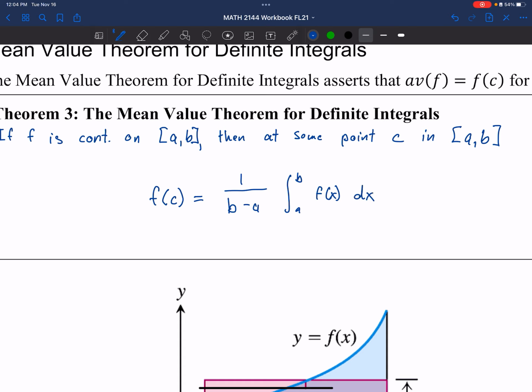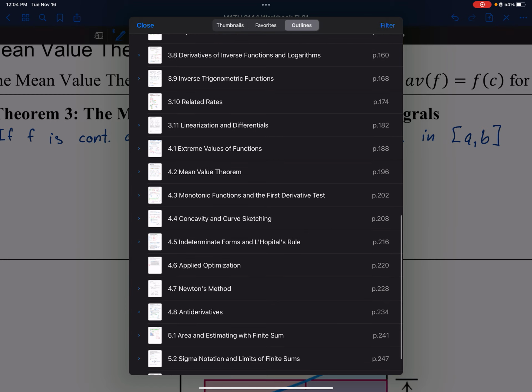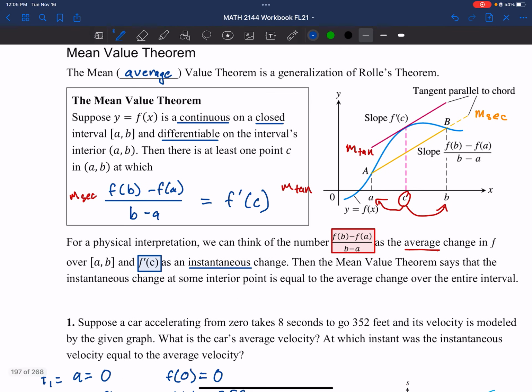This probably looks very similar to the mean value theorem for derivatives, which said that you had some point c in the middle. Let me just pull it up here for reference, so you can relate it. The mean value theorem for derivatives was this one right here. Essentially, if you have a secant line between a and b, then you would have a tangent line at some point c in between them.